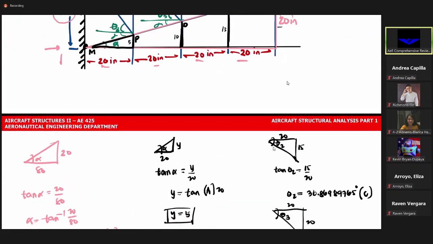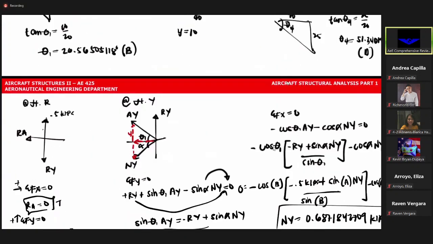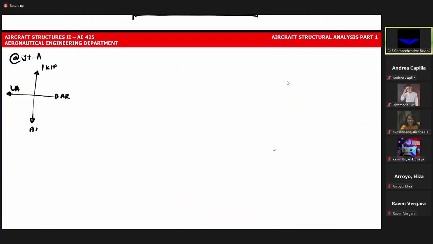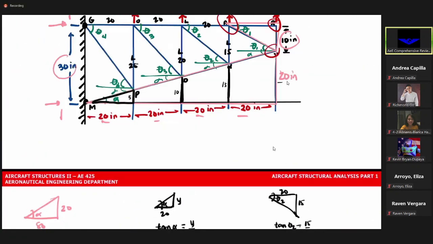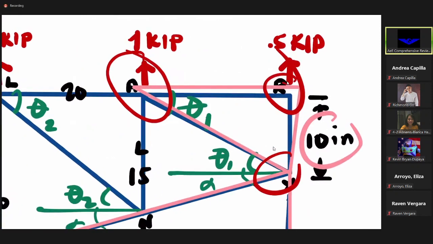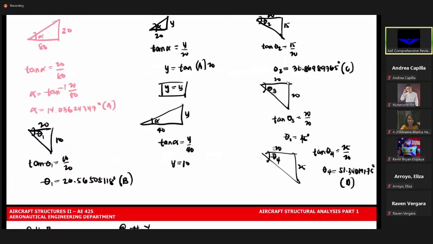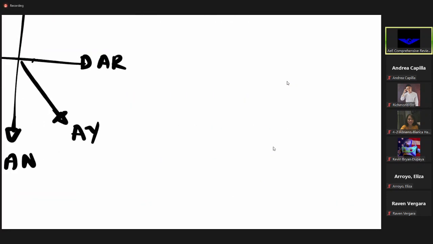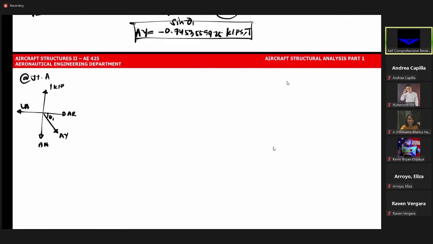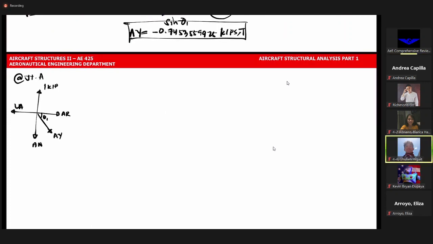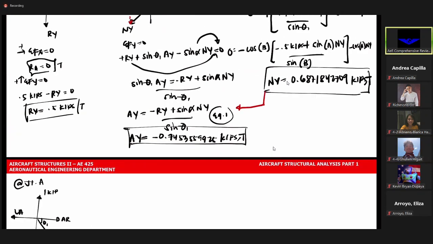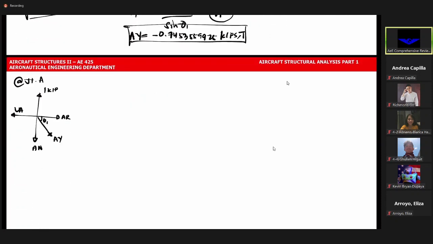And then we have An and Ay. So this is An, and then our Ay. We can see theta, as you can see, theta sub 1, which is placed here. Ra, what we got is 0, this one. So Ra is 0.